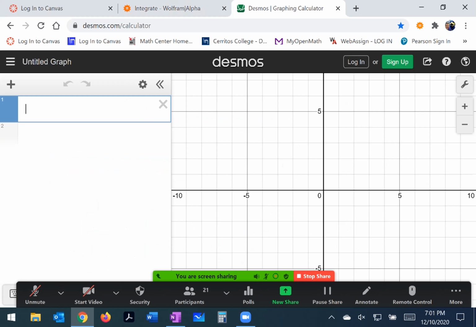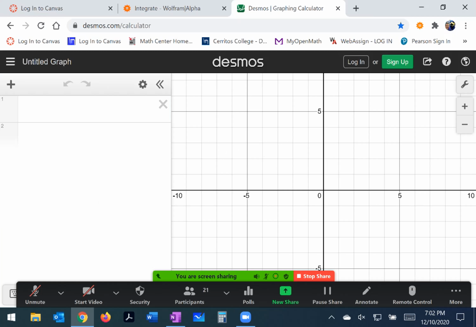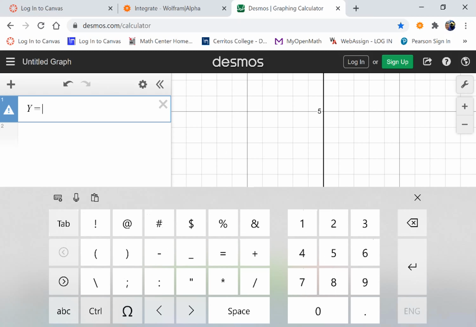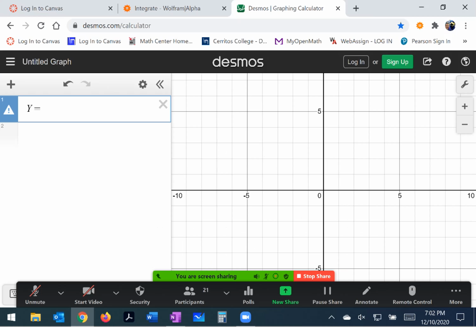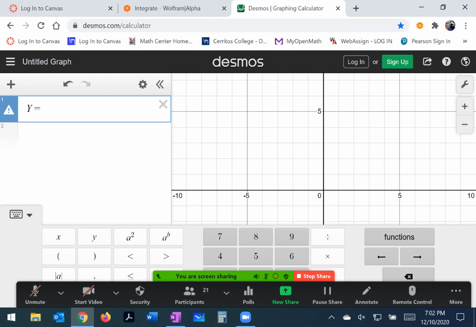Maybe I'll get rid of this one. I don't see much value in having this problem. But if I want to, okay, let's look at y equals square root, where's the square root function?